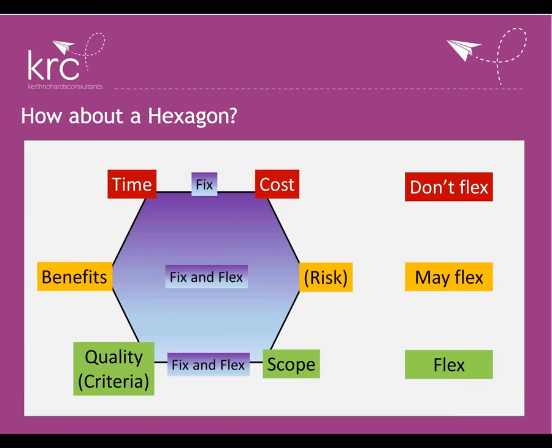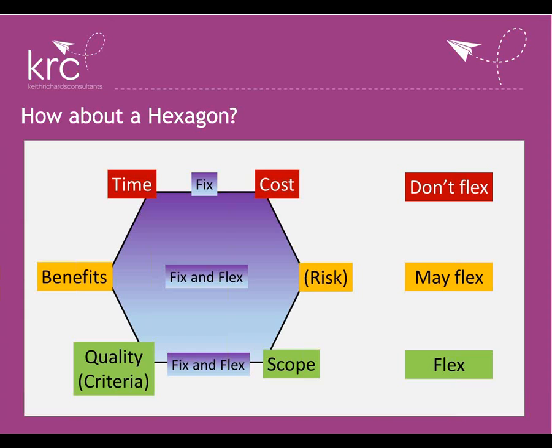And what we try to do with PRINCE2 Agile is set up how we would run PRINCE2 in an Agile context. And what we do with the tolerances, and this is the key word to understand the Hexagon, it's about tolerances, it's not about anything else. And what we do with the tolerances in PRINCE2 Agile is we set the time and the cost as 0 tolerance.